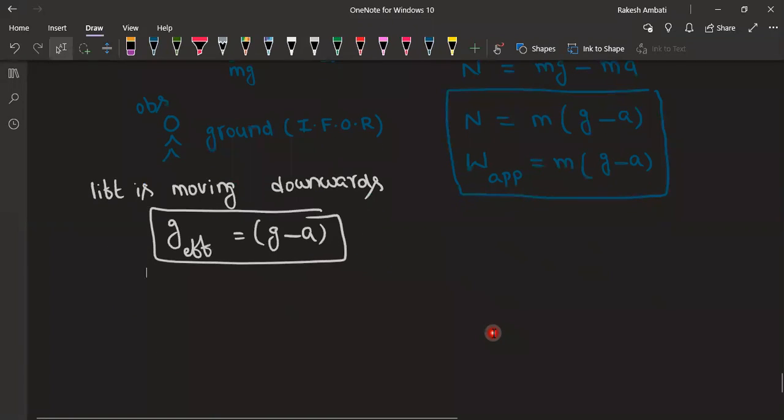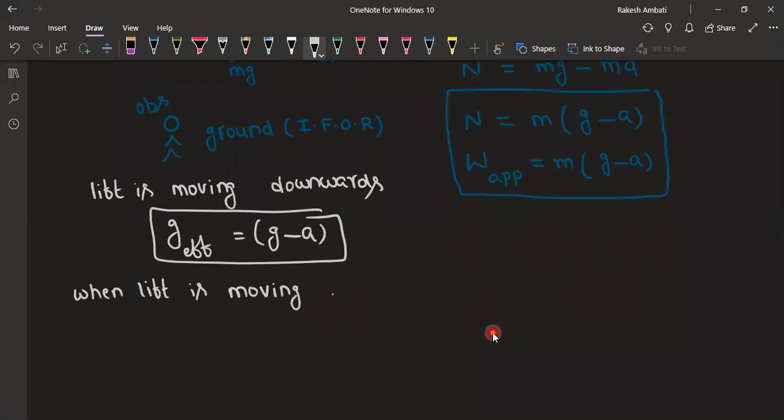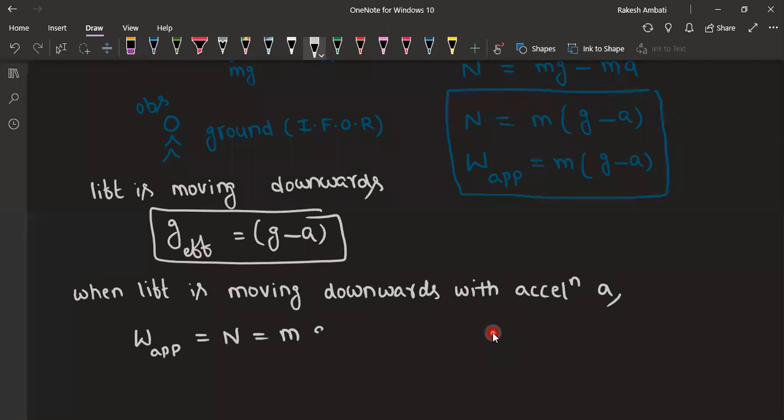Therefore, when the lift is moving downwards with acceleration a, now we are finding apparent weight or normal force, that is nothing but m into g effective.